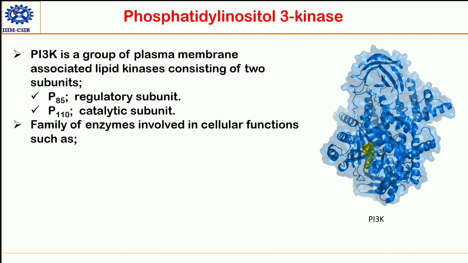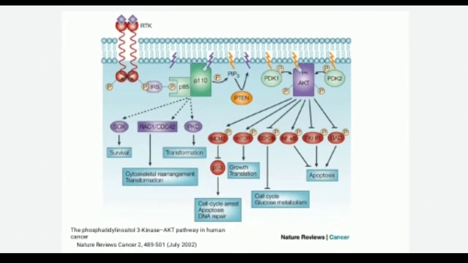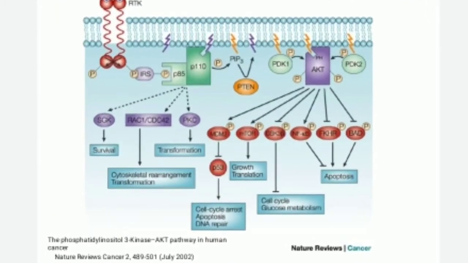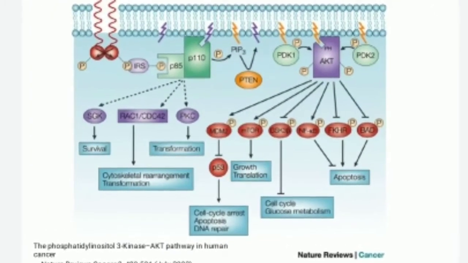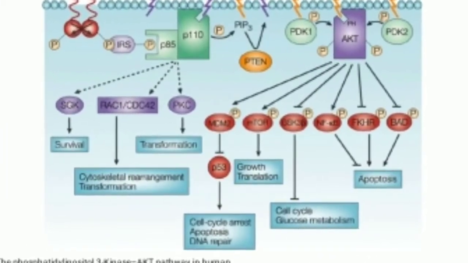Phosphatidylinositol 3 kinase is a family of enzymes that are involved in cellular functions such as cell growth, proliferation, differentiation, motility, survival, and intracellular trafficking. So the PI3 kinase mTOR signaling pathway is involved in various vital functions including cell proliferation, survival, metastasis, metabolism, and angiogenesis.